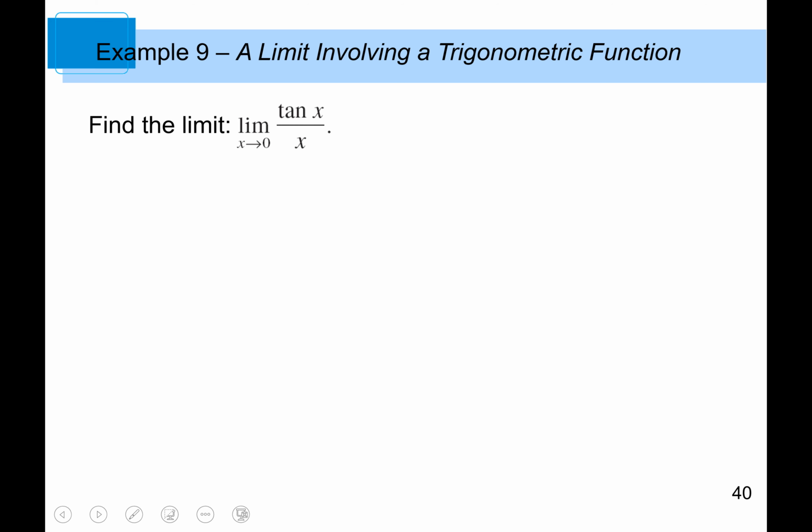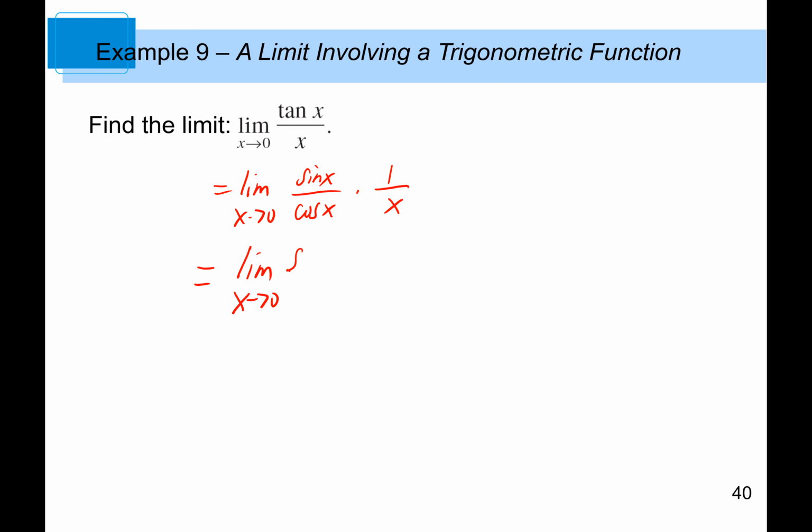So let's find the limit for tangent x over x. What we can do is this: tangent x we can write as sine x over cosine x times 1 over x. Let's switch x and cosine x, and now we have the limit as x approaches 0 of sine x over x times 1 over cosine x, right?